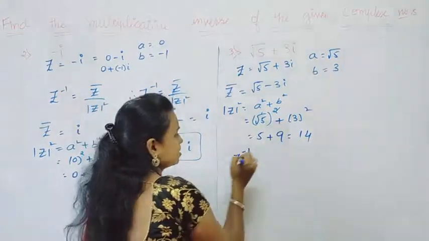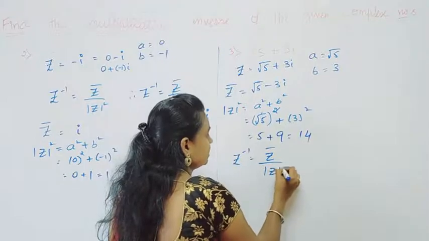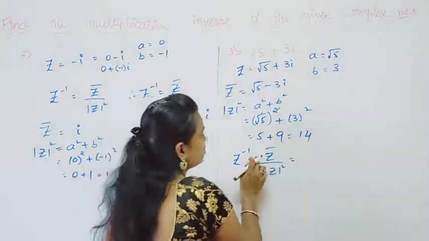That is Z inverse. Write down the formula. Z inverse is equal to Z bar by mod Z square. That is equal to, what is Z bar?